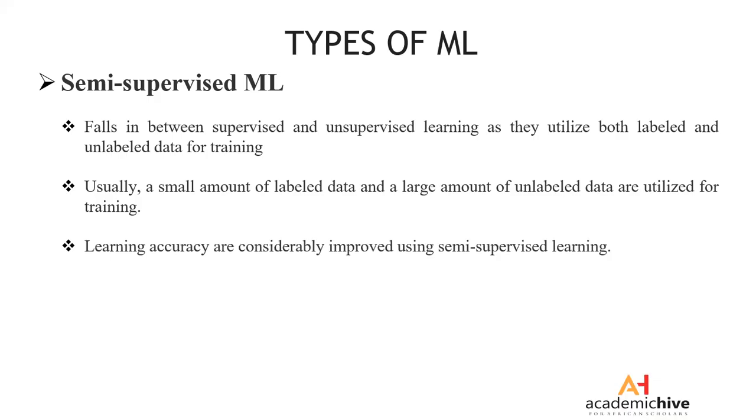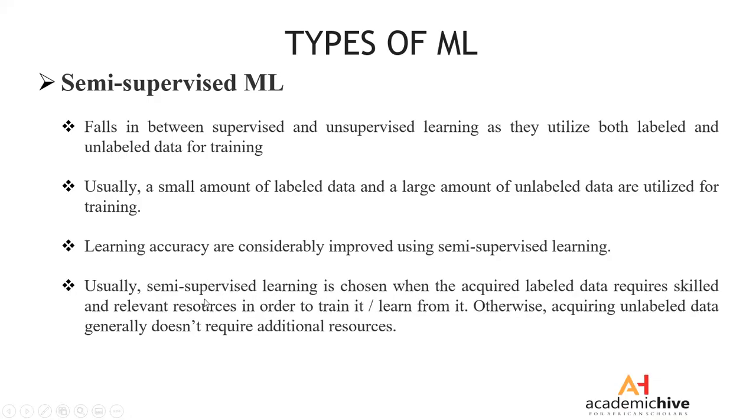Learning accuracy is considerably improved using semi-supervised learning. The main aim of supplying a small amount of labeled data is to improve the learning accuracy. So usually semi-supervised learning is chosen when the acquired labeled data requires skilled and relevant resources in order to train it. Otherwise, acquiring unlabeled data generally doesn't require additional resources.